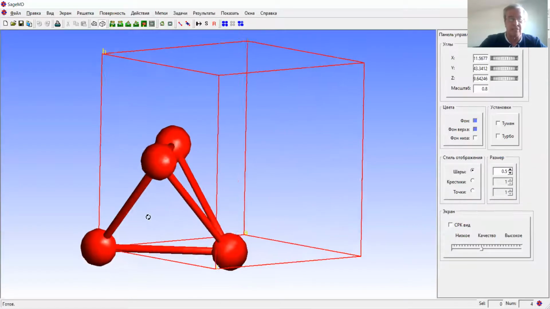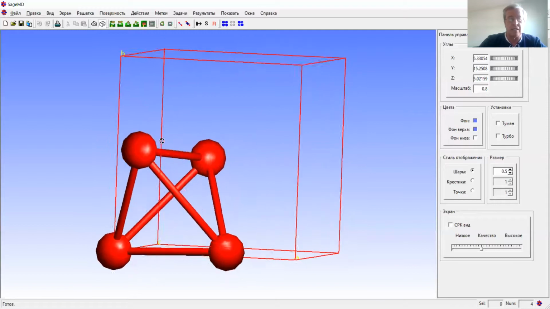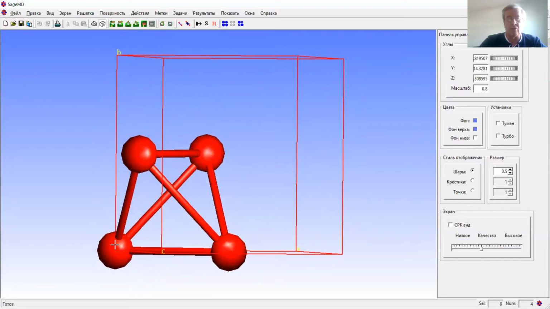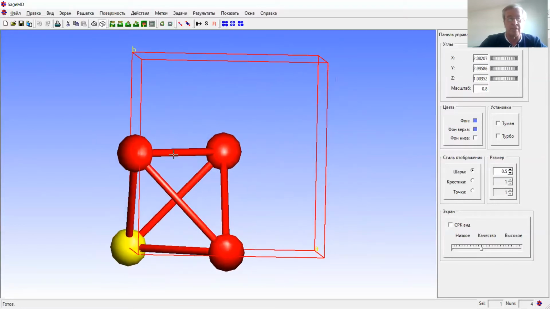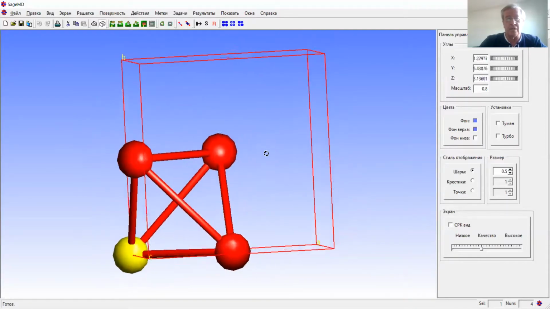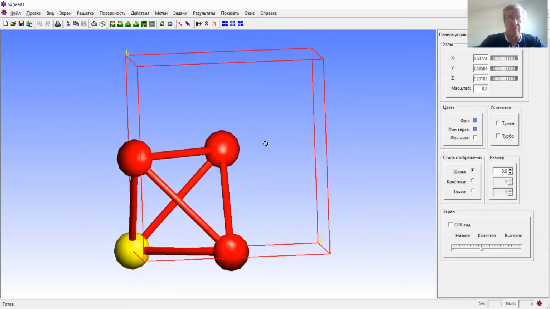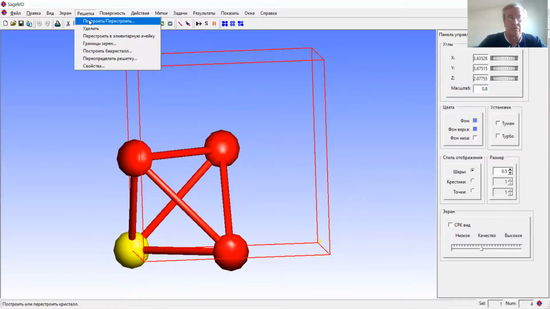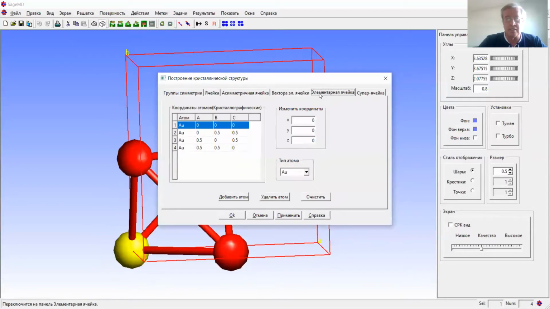So one of the atoms is located in the corner, and two of them on the surfaces in the middle. So we can go to the unit cell and see its parameters.